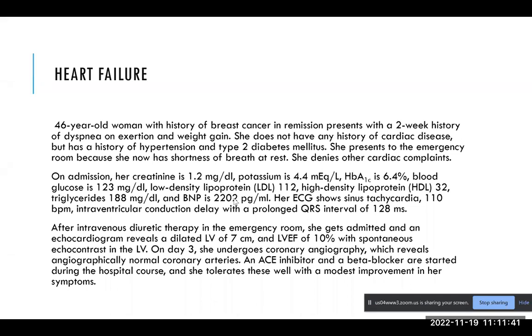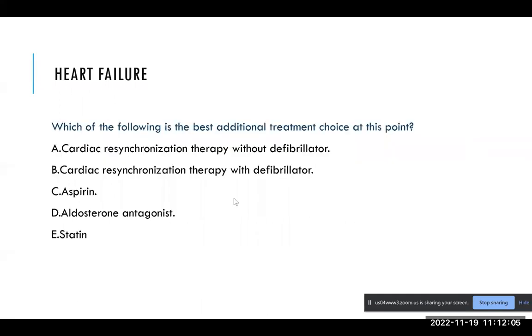IV diuretic therapy in the emergency room, she gets admitted. Echo: dilated LV of 7 centimeters, EF 10% with spontaneous contrast. On day 3, she undergoes coronary angiography, which reveals angiographically normal coronary arteries. ACE inhibitor and beta blocker are started during the hospital course, and she tolerates these with modest improvement in her symptoms.